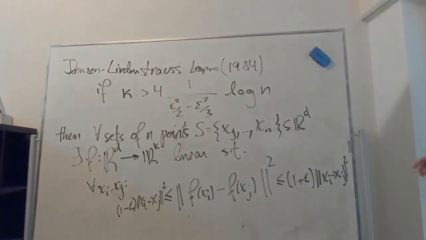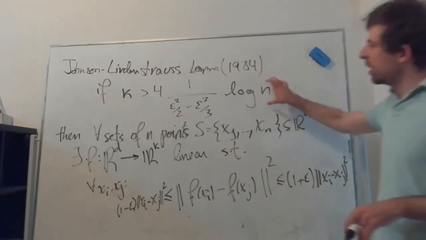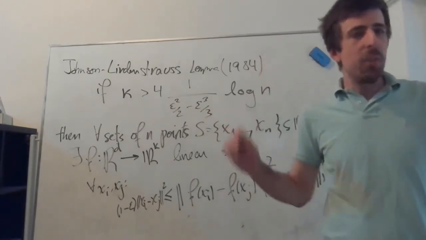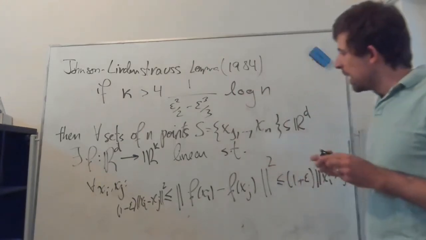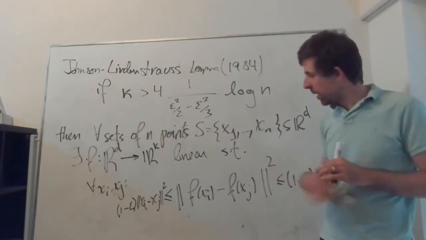This is a beautiful result. All you need is for K to be bigger than log n times some constant that depends on epsilon. Then, for any set of n points, there is a linear projection, not yet random, that preserves the distances between every pair of points up to epsilon.